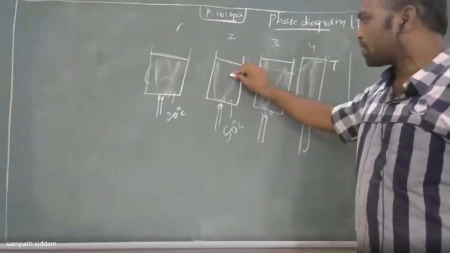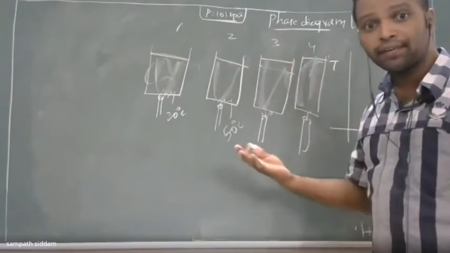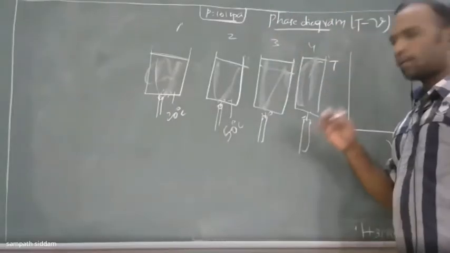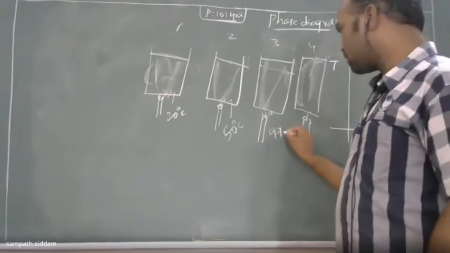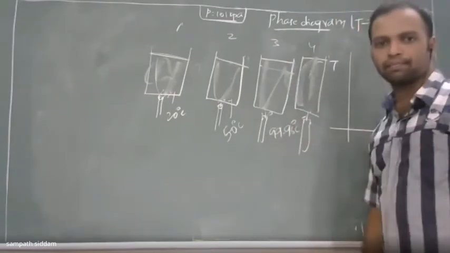So if it is not sufficient, what do I need to do? I need to heat continuously more. Till where do I need to heat? 100 degrees. Yes, that is 99.96. Till I reach that particular temperature, I should heat continuously.